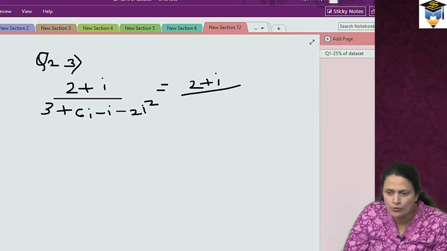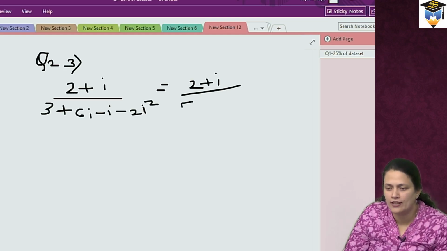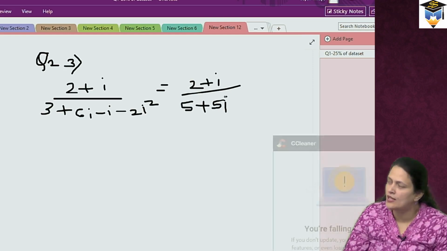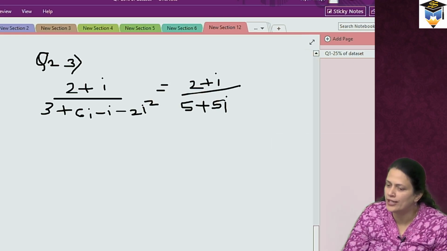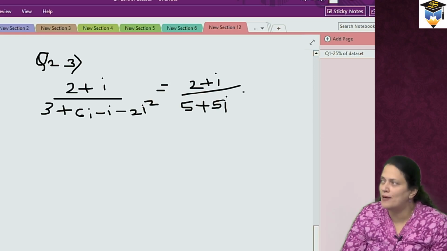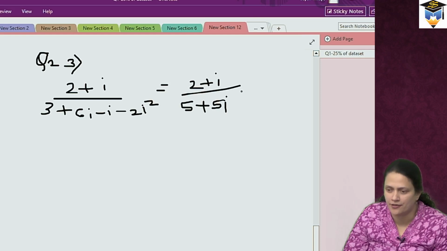So minus 2 into minus 1 becomes plus 2. 3 plus 2 is 5 and this is going to be 5i. Now what we are going to do is, we are going to multiply both numerator and denominator by the conjugate of the denominator. So multiplied by 5 minus 5i upon 5 minus 5i.